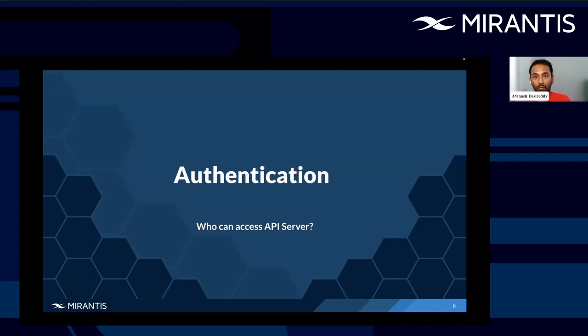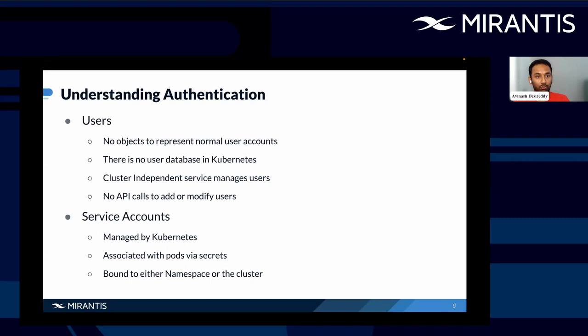And for that, let's understand the key objects. Kubernetes clusters have two categories of users, as I specified earlier. One is service accounts, which are managed by Kubernetes, and then the normal users. Now let's talk about normal users. It is assumed that a cluster-independent service manages these normal users in many ways.